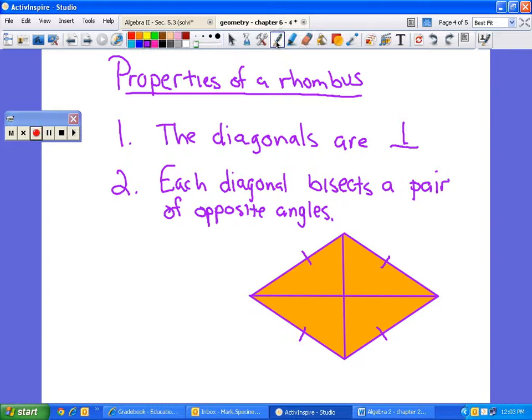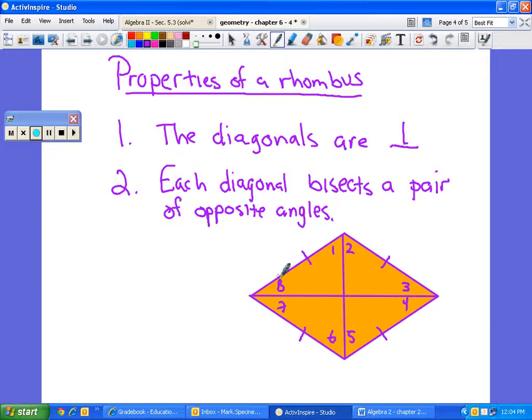The other one, which looks a little more complicated, but really isn't, is it says that each diagonal bisects a pair of opposite angles. So this diagonal bisects this angle and this angle.